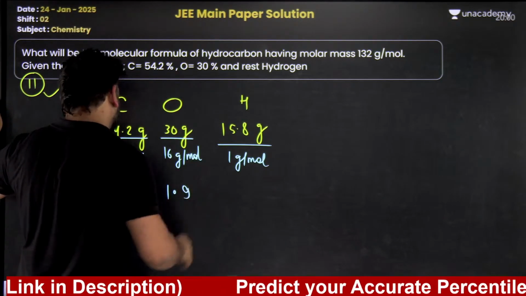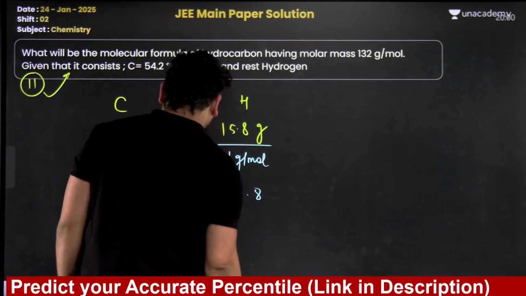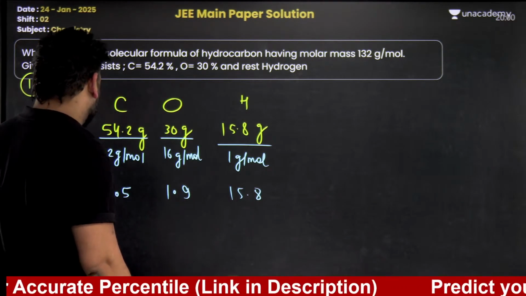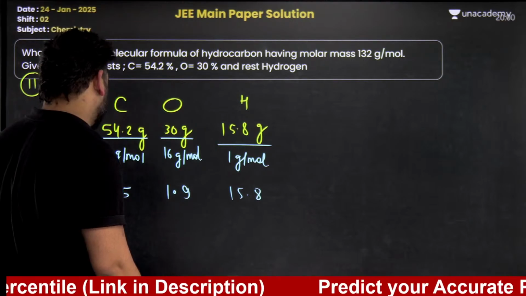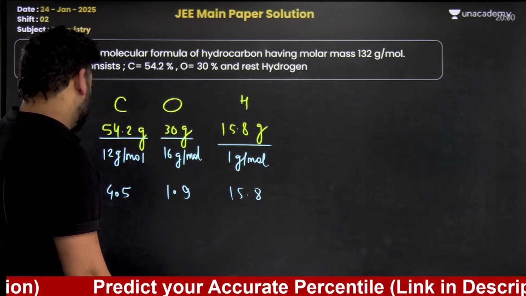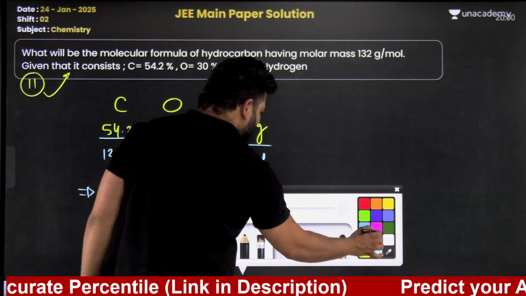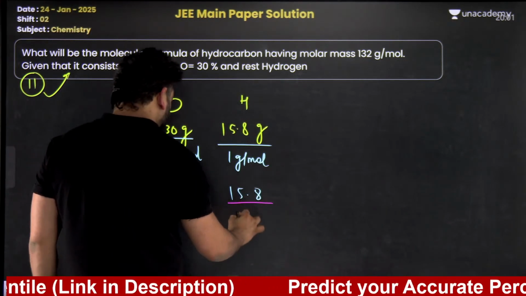Around 1.9, and then this one is just 15.8. So the formula is a bit tougher, I see. If we divide everything by the smallest number, that's how we calculate it, simply dividing by 1.9.